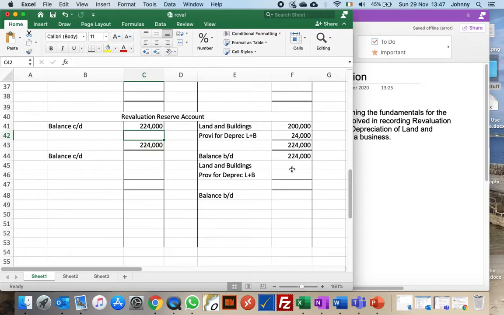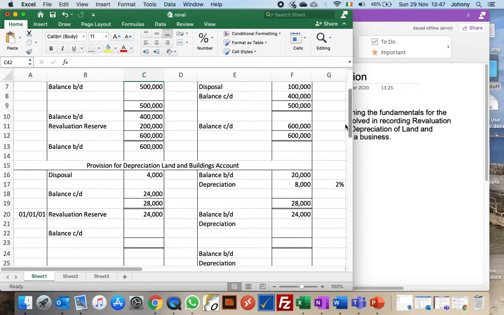That means the money invested in the business by the shareholders has increased in value by 224, because one of the uses of that investment was buying a building a number of years ago, which is now increased in value. So that's what happens in the balance sheet.